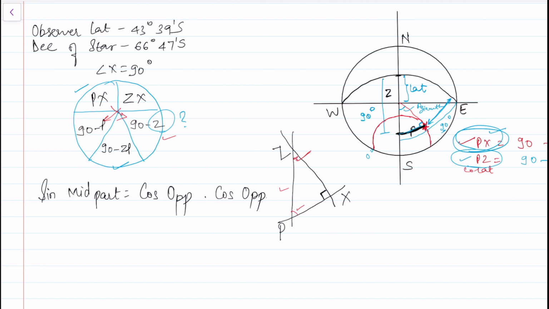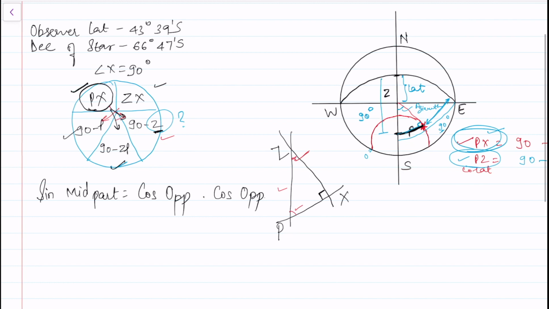I would use tan adjacent when I know P and ZX and have to find either of them. Here I am considering PX and I have two opposite options available and I have to find Z. I know two values, PX and ZP, and Z is unknown, which is opposite to PX, so I am using cos opposite, cos opposite. Now sine of mid part, sine of PX, is equal to cos of opposite, which is 90 minus ZP, into cos of 90 minus Z.